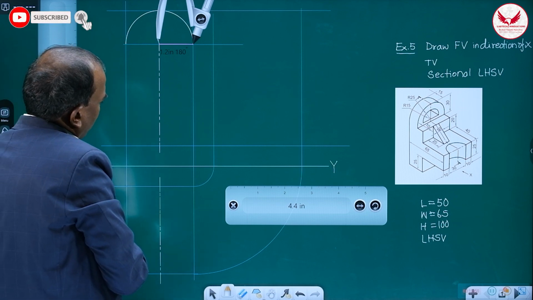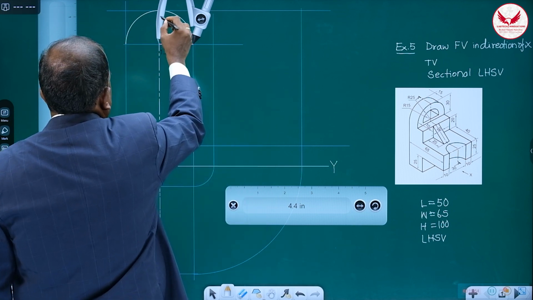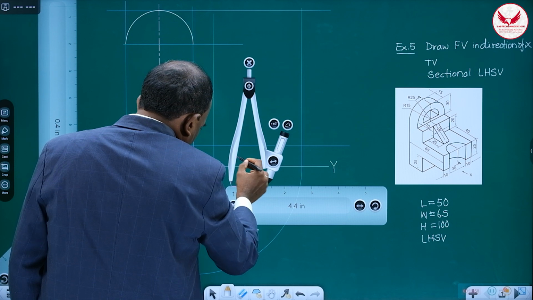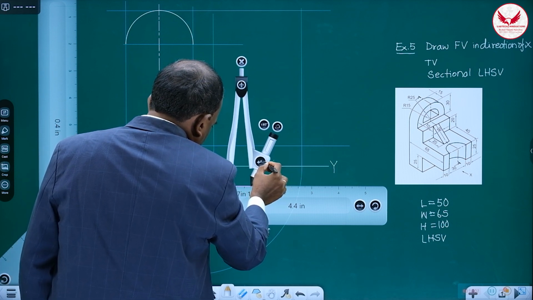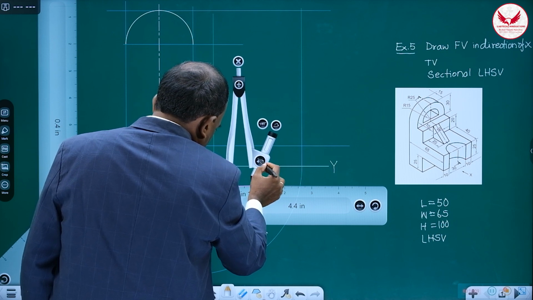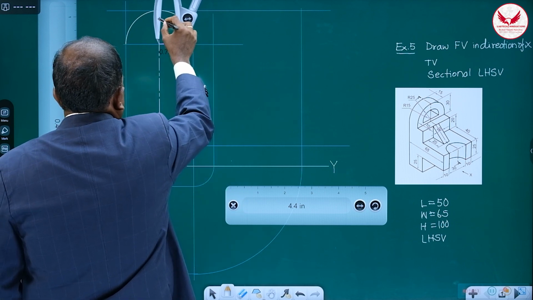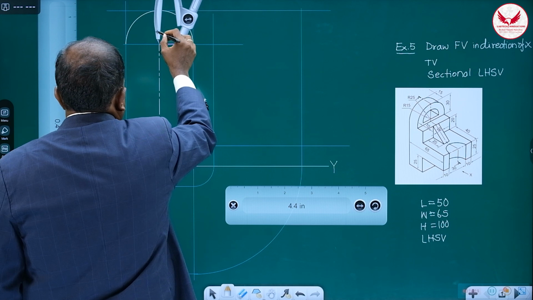Then afterwards, another semicircle. Its radius is how much? 15. How can we mark 15 on the scale? You can take this as 10, 15. It is 15. Then at the same center we have to keep it. That center point is very important.